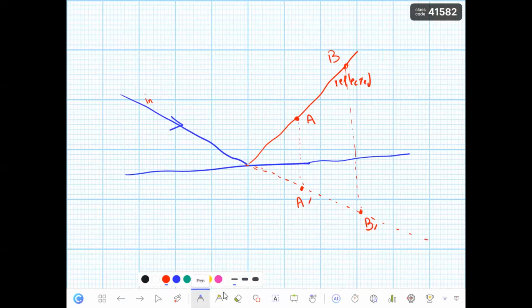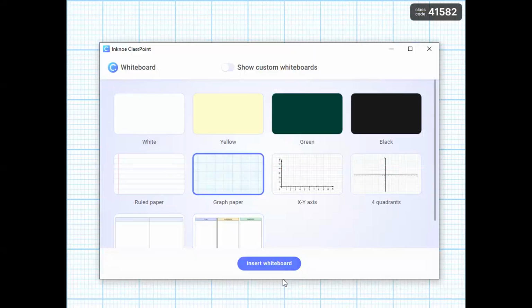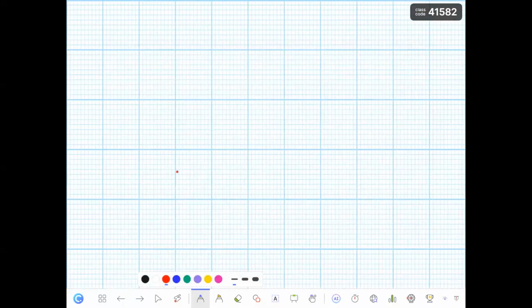Let me just open a new page. So again, this is a surface which reflects the light, and we have incident light.